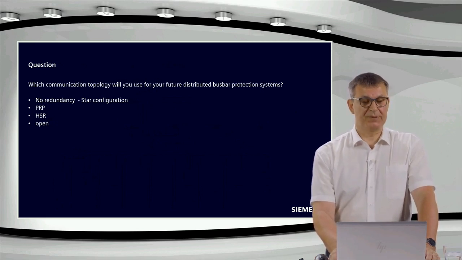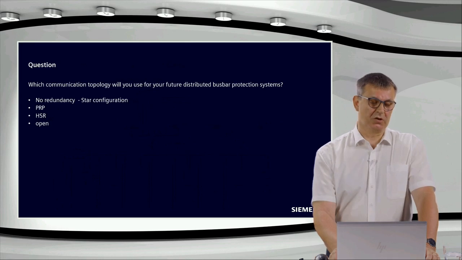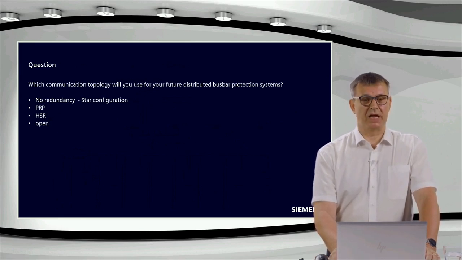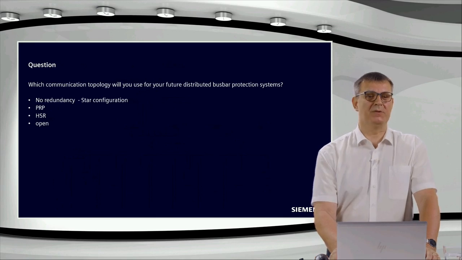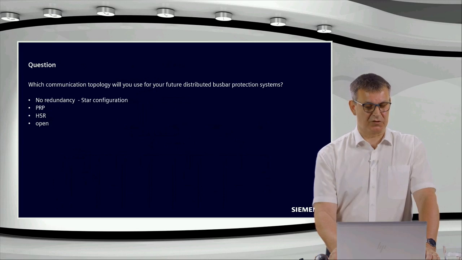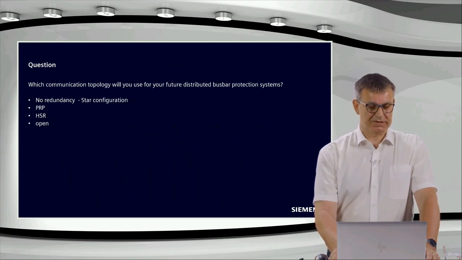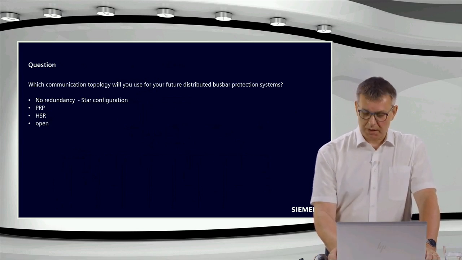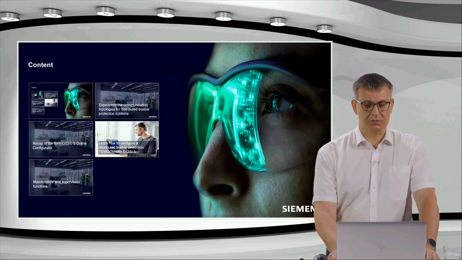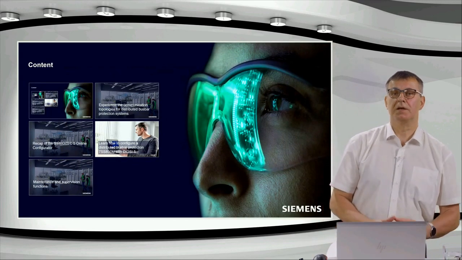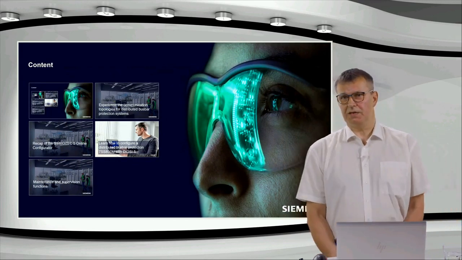Will you go for PRB communication? Will you go for HSR communication? Or you haven't decided yet? Maybe you want to have more information. Maybe you will contact me for further information. So that's the question. The results after the break.